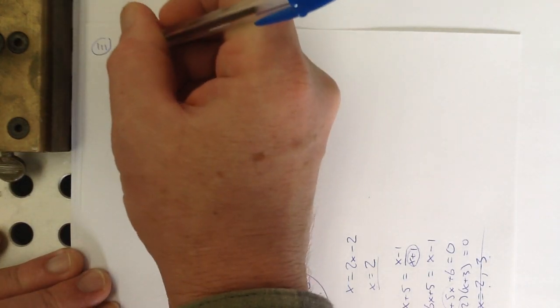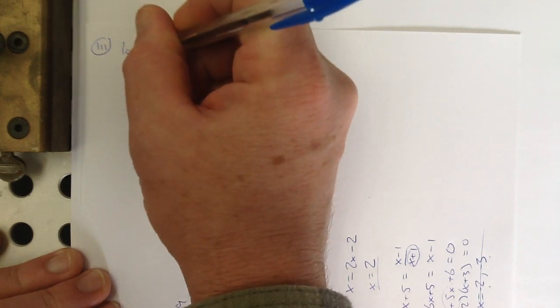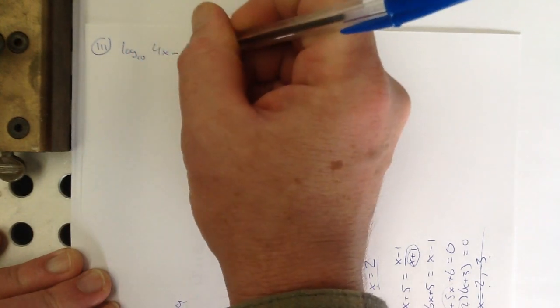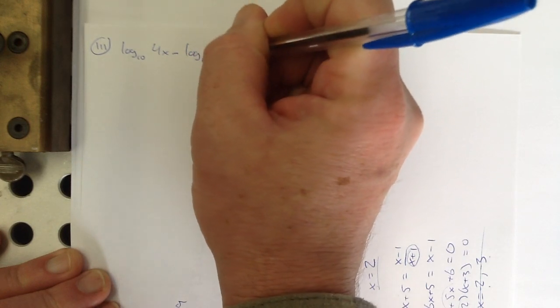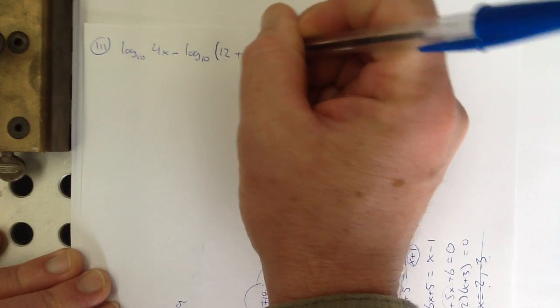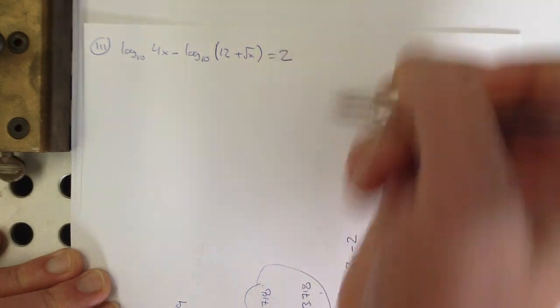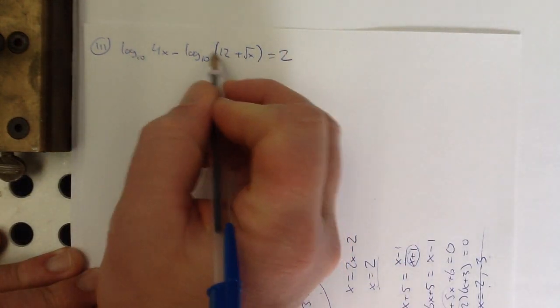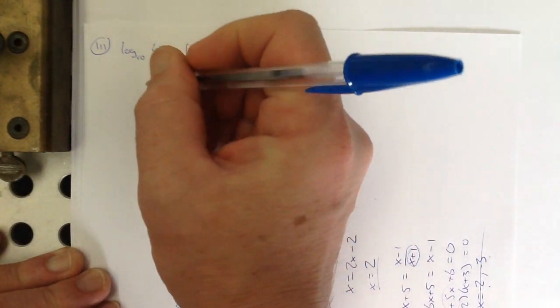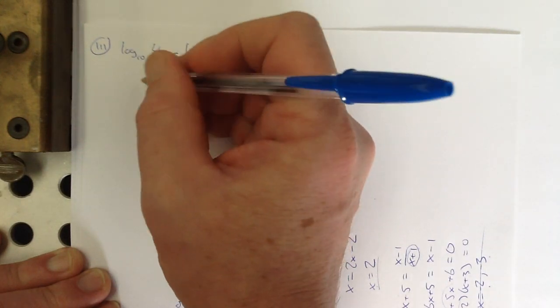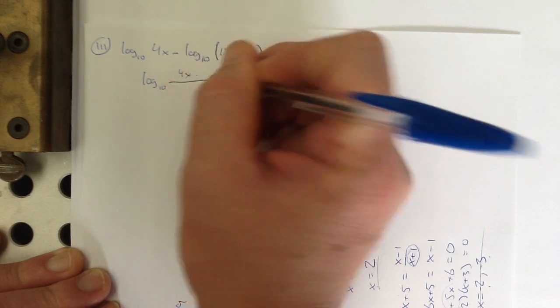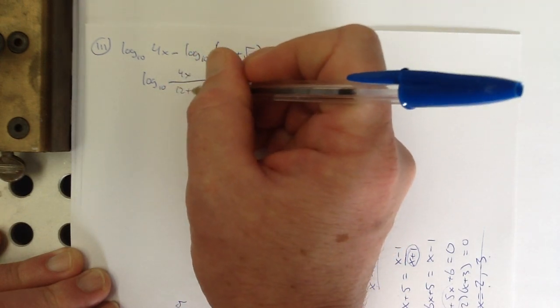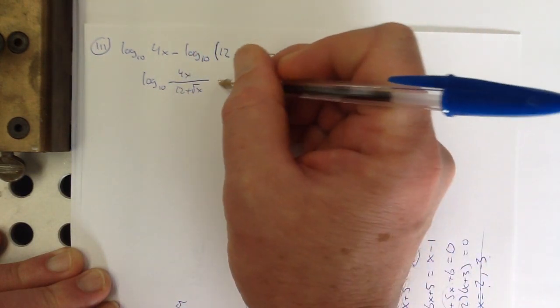Got log base 10 of 4x minus log base 10 of 12 plus the square root of x is equal to 2. Going to combine these using the subtraction turns into division property. That's 4x over 12 plus the square root of x equals 2.